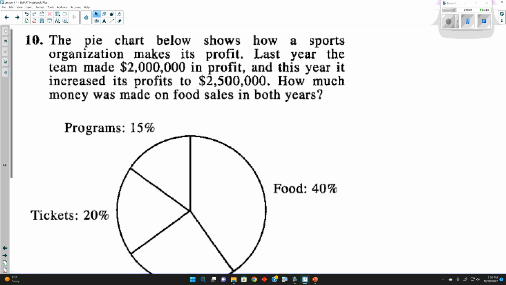So we can say 2 million times 0.4, yes? What's 2 times 4? 8, yes? Because that one decimal place, we're going to lose one of the zeros. So we only have 3, 4, 5.